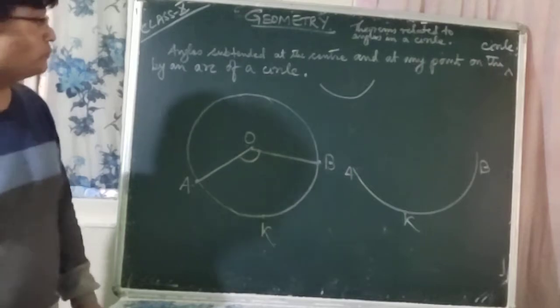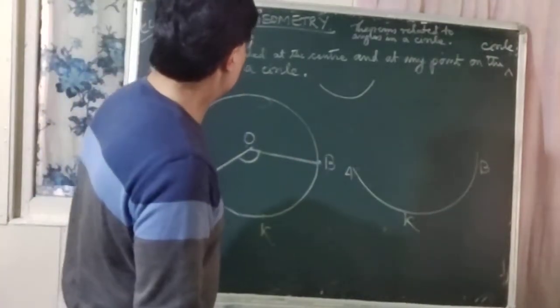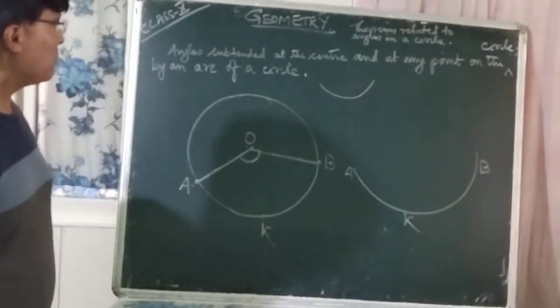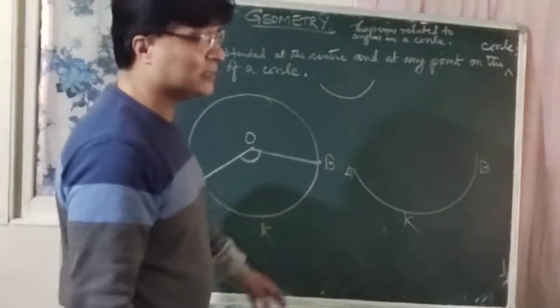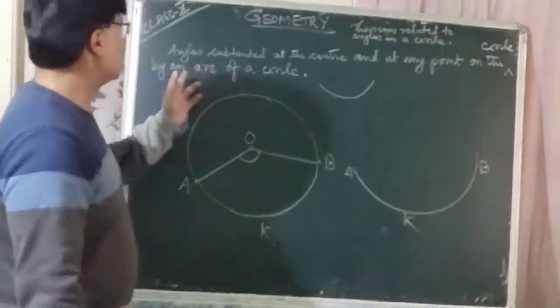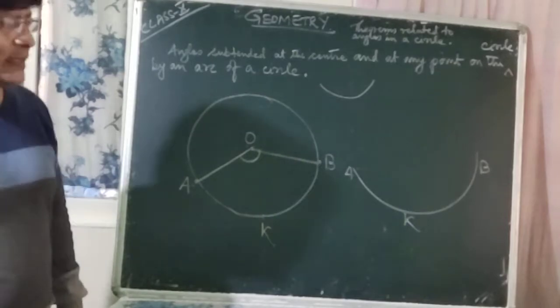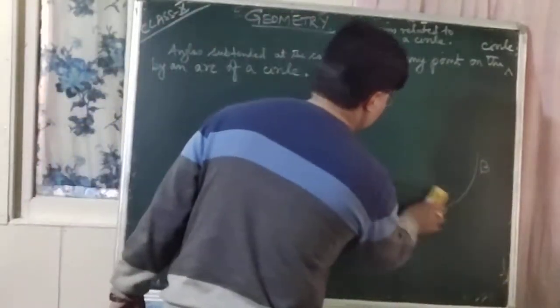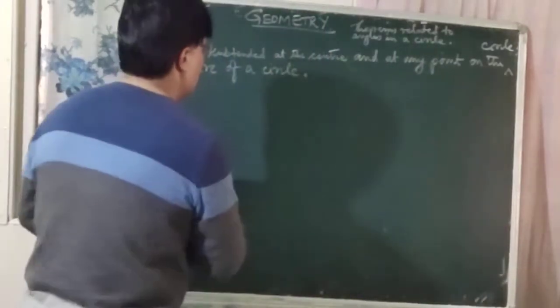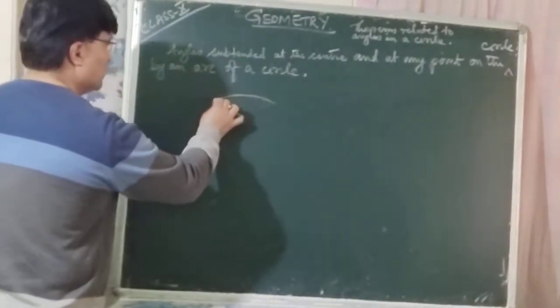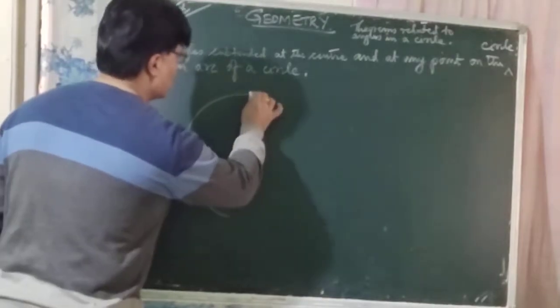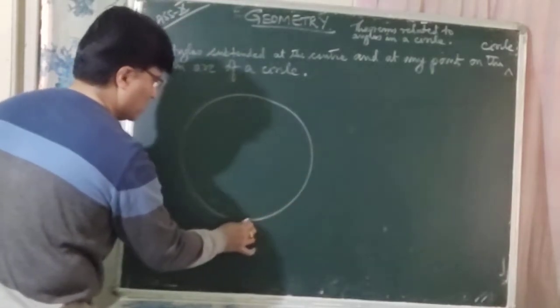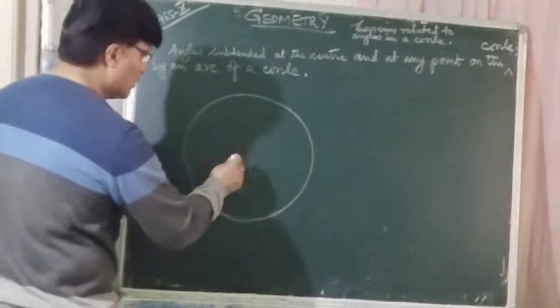Is that clear now? Now, let us discuss about angle subtended at any point on the circle by an arc of a circle. Okay? So now, again you draw a circle. Okay?